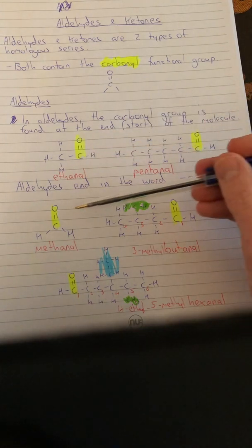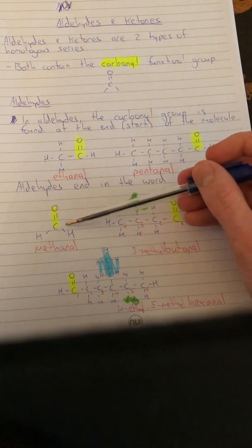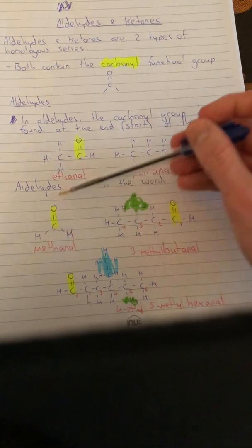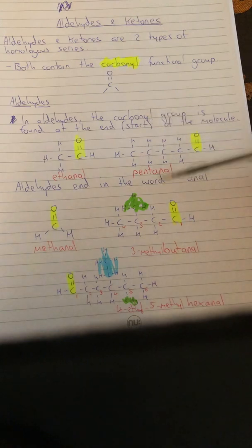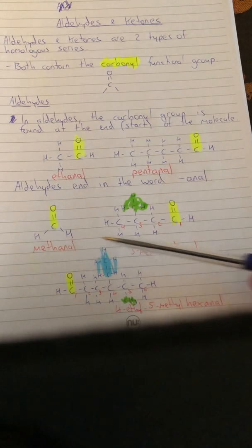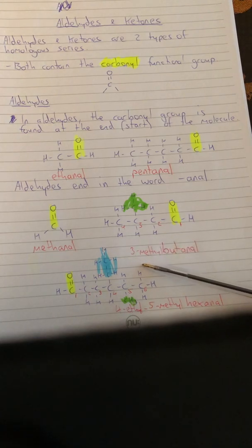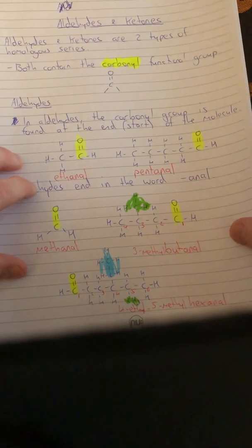They're always found at the start of the molecule. Remember, methanal is an aldehyde because it is at the start, yeah? And aldehydes end in the word anal. So ethanal, pentanal, methanal, and then obviously if you get branches, you need to start naming the branches. So that's 3-methylbutanal, 4-ethyl-5-methylhexanal. Okay, aldehydes are quite easy.